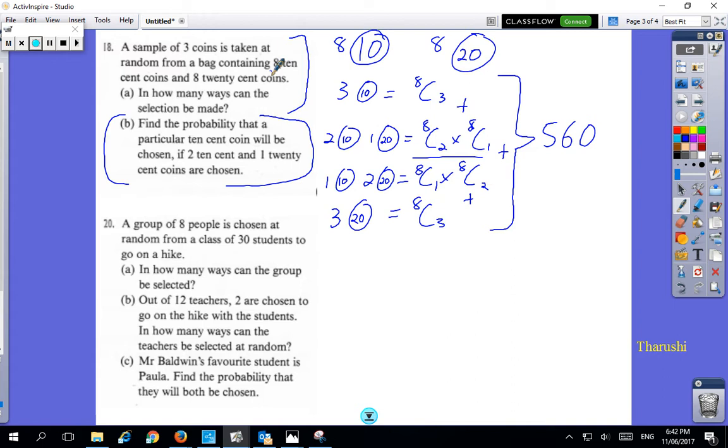Now, I have a problem with this second one. It says find the probability that a particular 10-cent coin will be chosen, and this is the crux, if 2 10-cent and 1 20-cent coins are chosen. Well, to me, that means this is a condition of the probability.